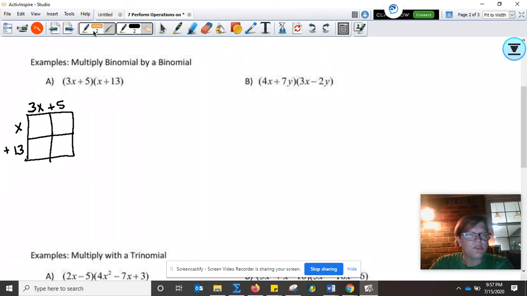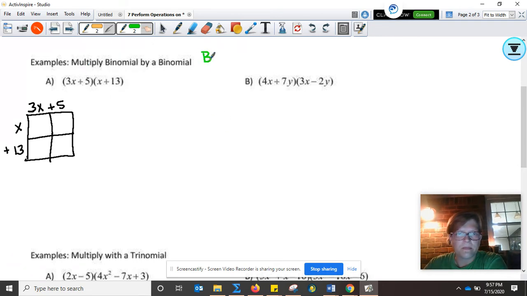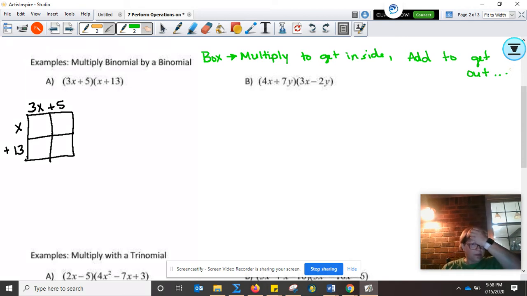When you're doing the box, you multiply to get inside, and you add to get out. All right, what do you mean by that? Let's do it. Multiply row times column.